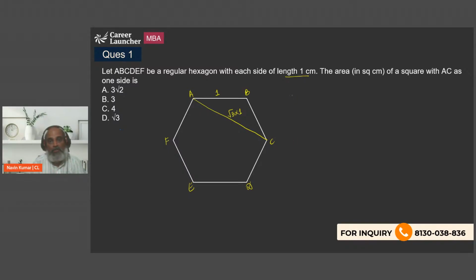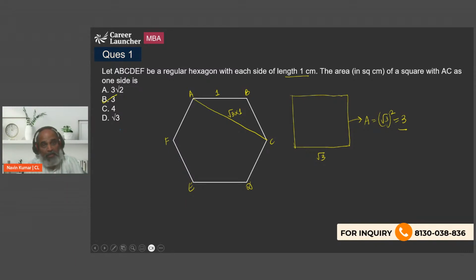So now if we draw a square with the side √3, the area of this square will turn out to be side square, which is going to be 3. It's as simple as that. So we do not have to draw this square here.